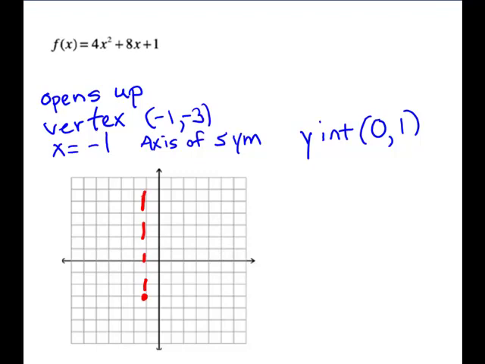And (0, 1) is another point for us, so it is the y-intercept. So over 0, up 1. Now, this is the axis of symmetry, so it's going to flip across. So we will have another point right here. And we can draw the parabola.